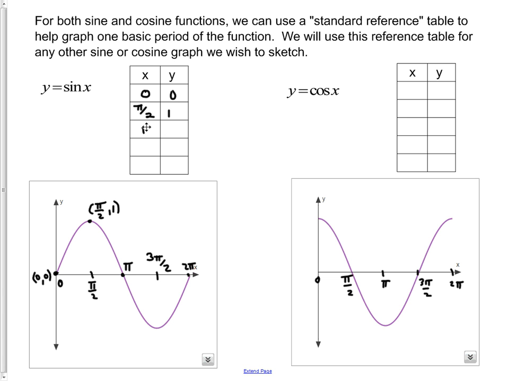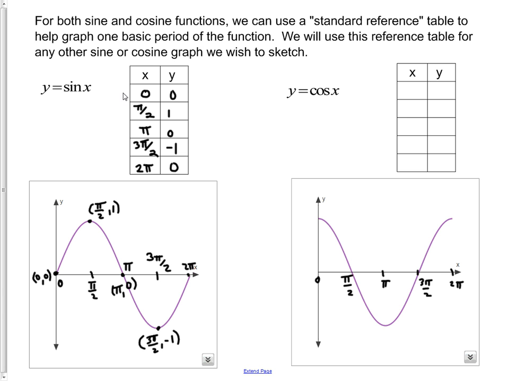At pi, we get back to 0, right here. At 3 pi over 2, we get the value negative 1 for y. And then finally at 2 pi, we're back to 0.